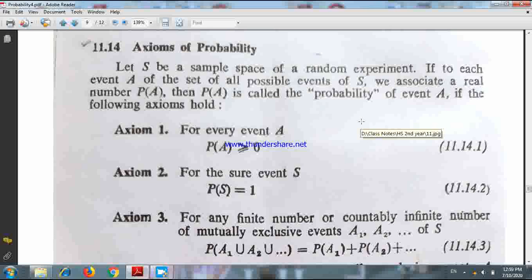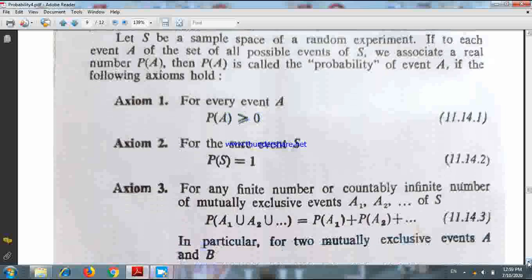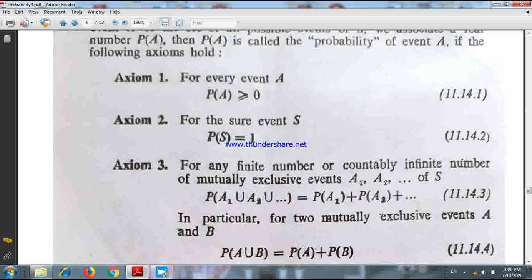And number 3, if A1, A2, A3, A4, plenty of events are there, and if these events are mutually exclusive or mutually disjoint, then P(A1 union A2 union and so on) equals the sum of their separate probabilities. So if these three conditions are satisfied, then the function P(A) is called the probability of occurrence of the event A.